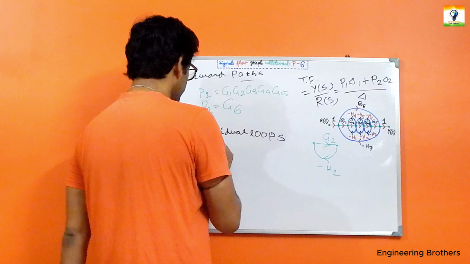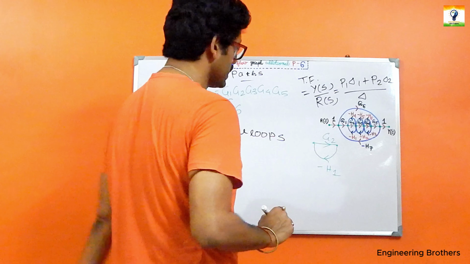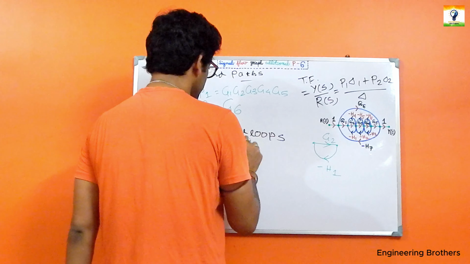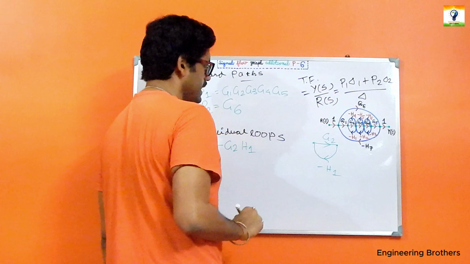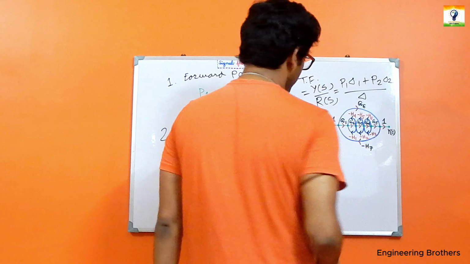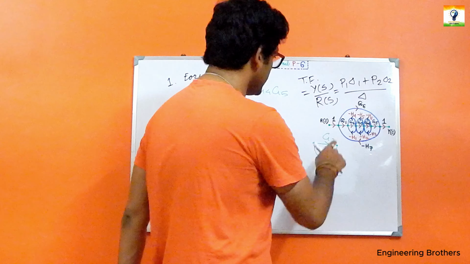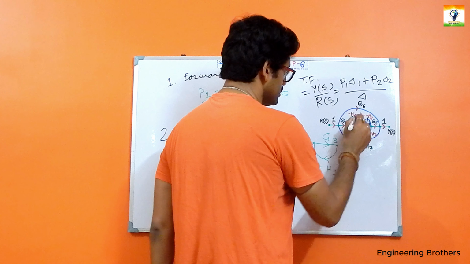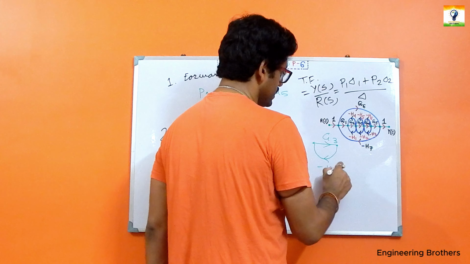Now quite frankly, in this case the gain for this loop will be minus of G2 H1. For the next part, I can say that another loop will be formed over there, where this one is G3 and this one is minus H2.